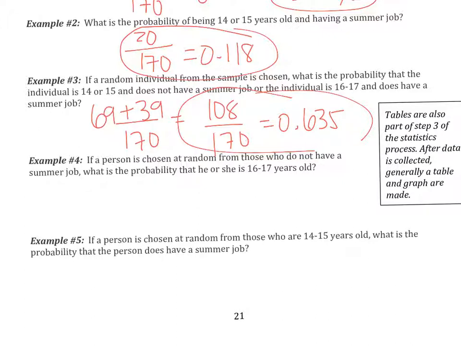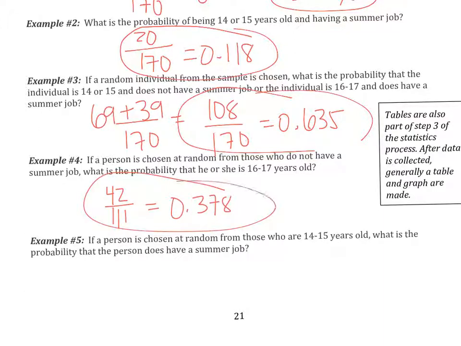So how many people do not have a summer job? 111. So then out of those 111, how many are 16 to 17? 42. So that ends up being 0.378. So it's really important that you read carefully to understand, am I looking at the whole sample or just a part of it?